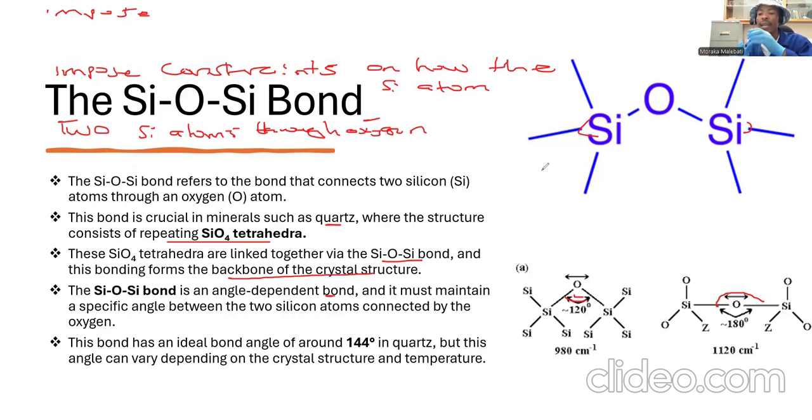And if the structure becomes too open, the mineral will become unstable and lose its structural integrity, because the structure is becoming more and more open. So that's why this bond is very important.